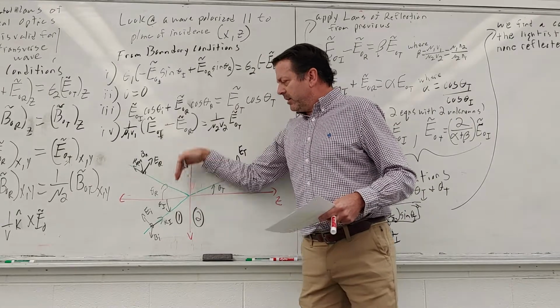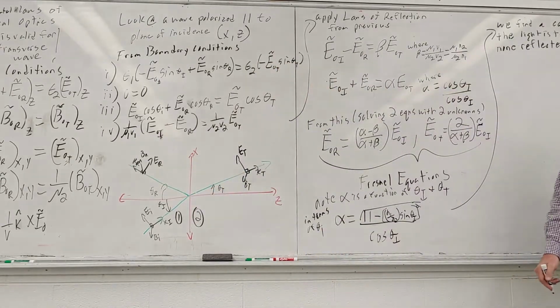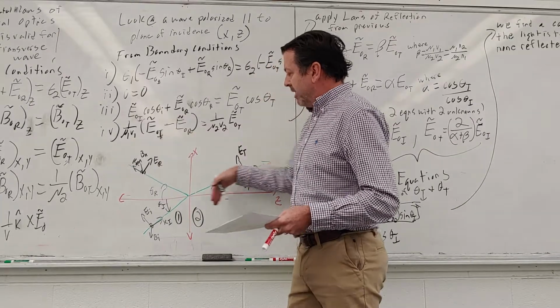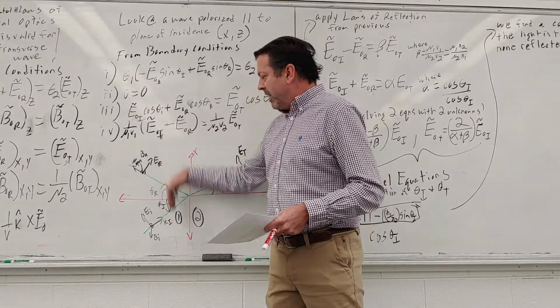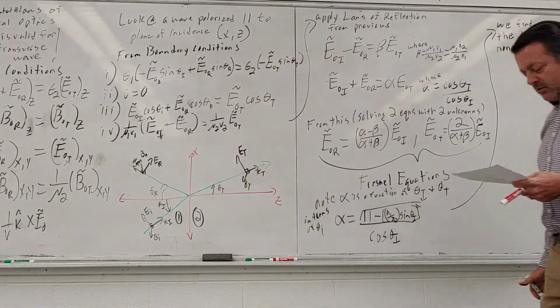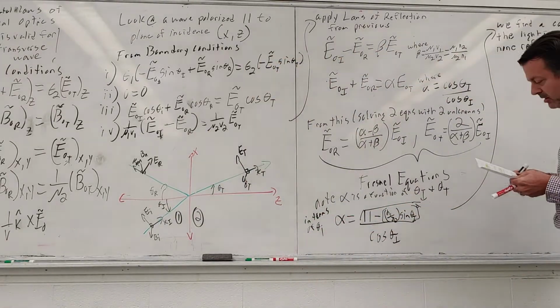Again, remember, we're oscillating. It's a plane wave like this. It's a plane wave because it's doing this in this direction, in the XZ plane. But the light is polarized up and down relative to its direction of motion here and relative to that boundary.